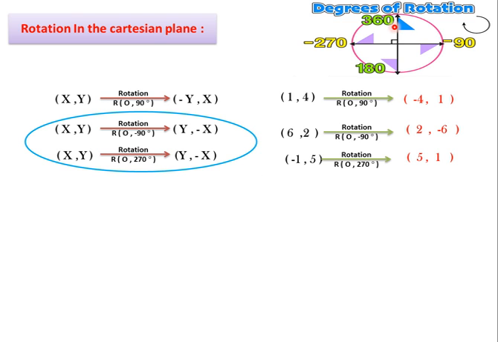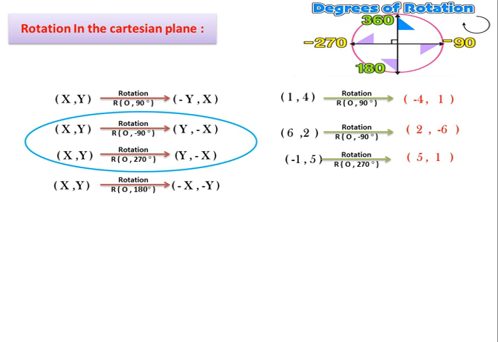Because if this is the starting point and we rotate from here to here, it is negative 90, but the positive 270 rotation is anti-clockwise: 90, 180, then 270. So negative 90 equals 270, and negative 270 equals 90. So the two rules are the same: negative 90 and 270 are the same rotation.